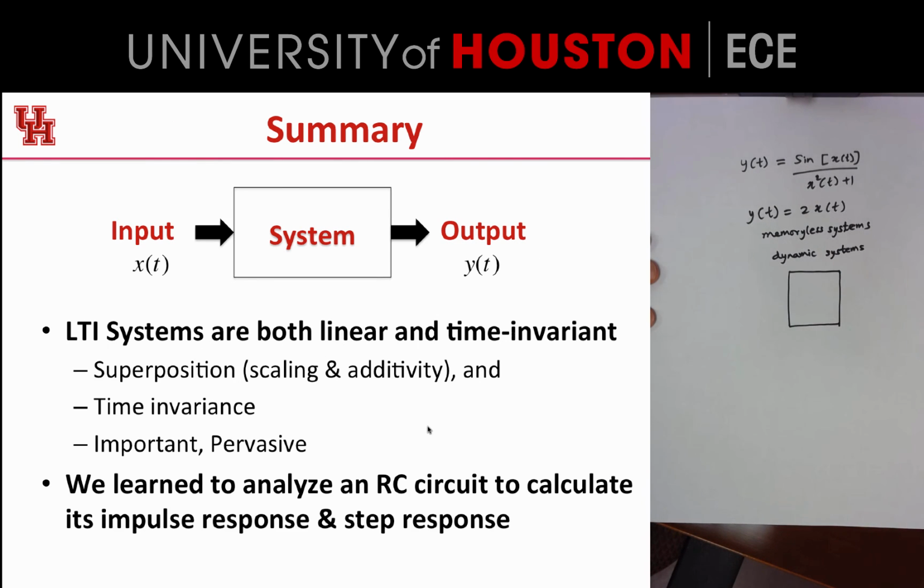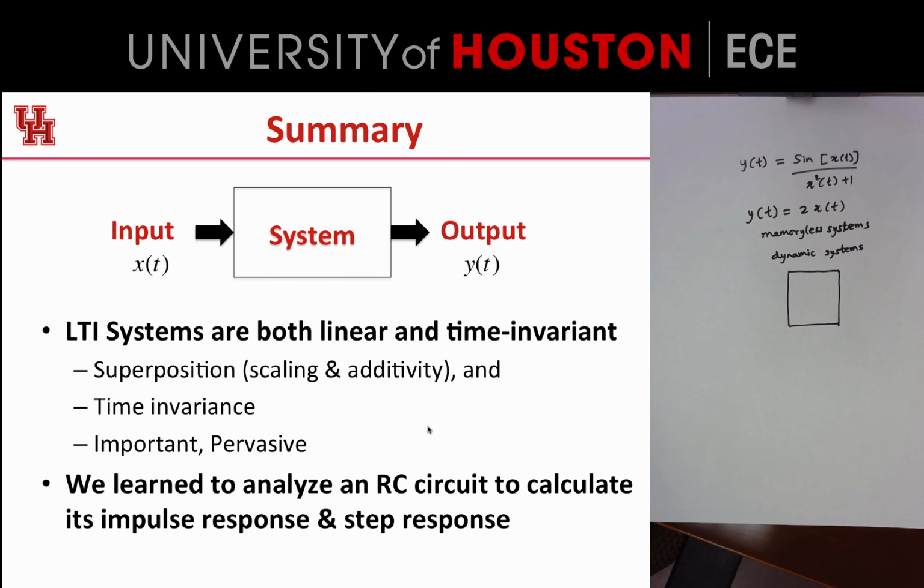So to summarize, linear time invariant systems are both linear and time invariant. This combination of properties is magical. It's enabling. So as an engineers, we seek out linear time invariant system type models. And when these properties are met, our life is so much easier. We can build a system, know exactly how it will behave, and write down formulas that we understand to the hilt.